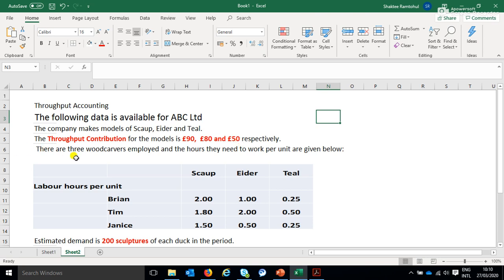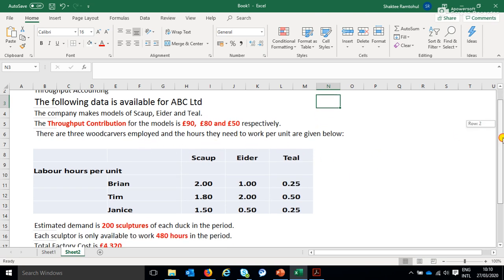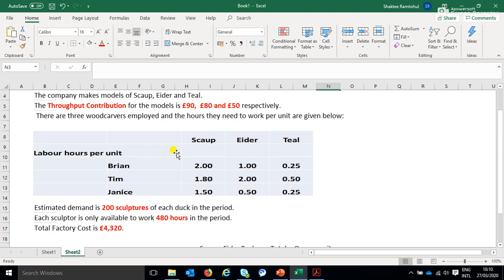We are told there are 3 wood carvers employed, and the hours they need to work per unit are given below. So we have 3 products, scalp, eider, and teal, and 3 wood carvers: Brian, Tim, and Janice. These are the labor hours per unit that they take to manufacture each product.